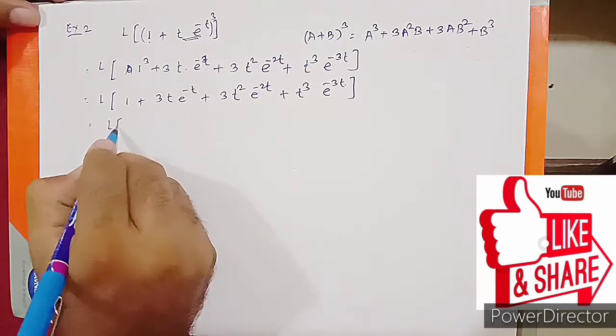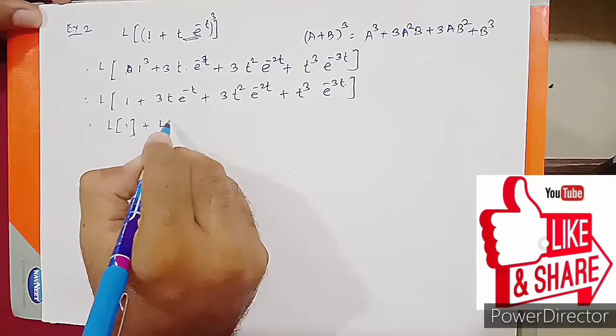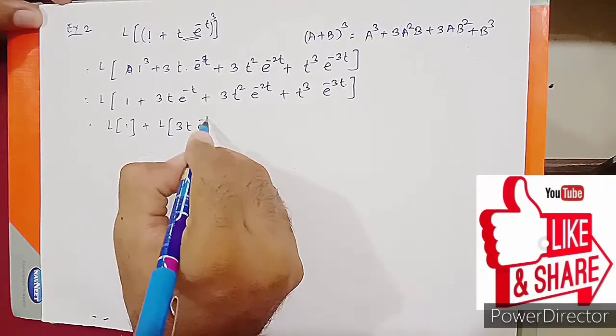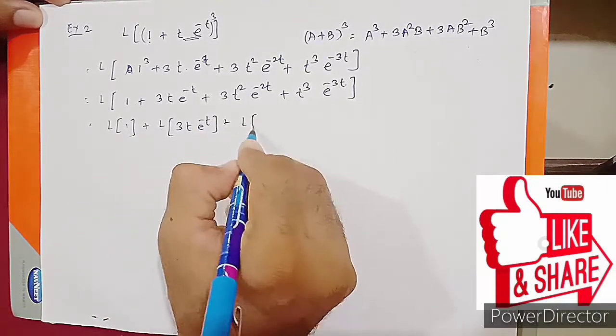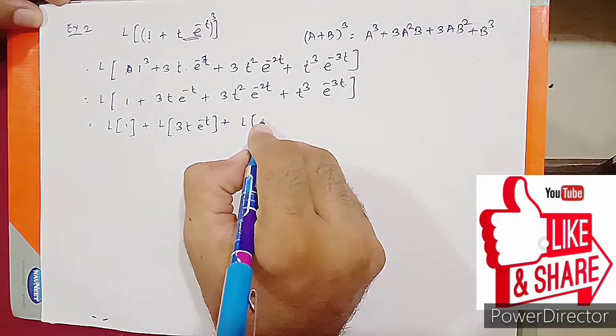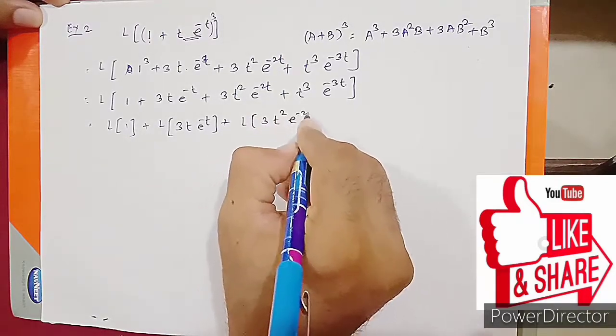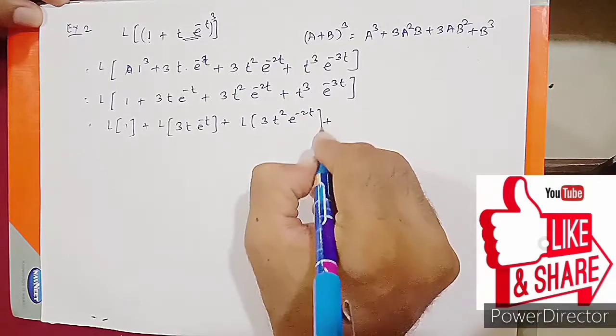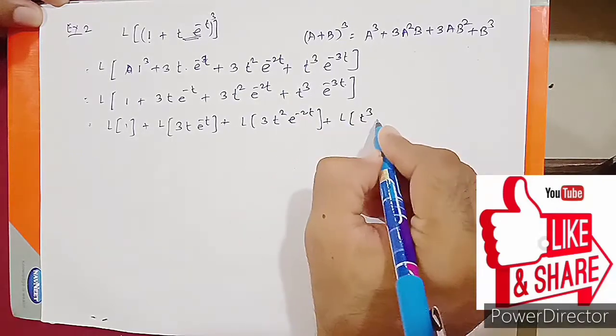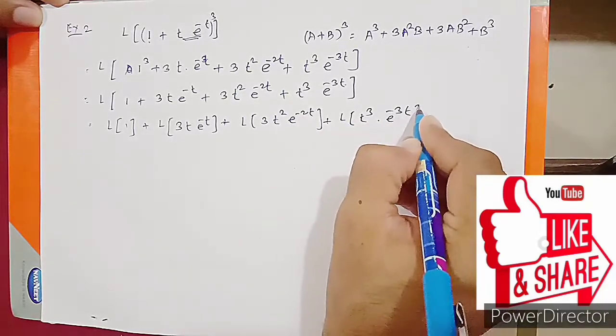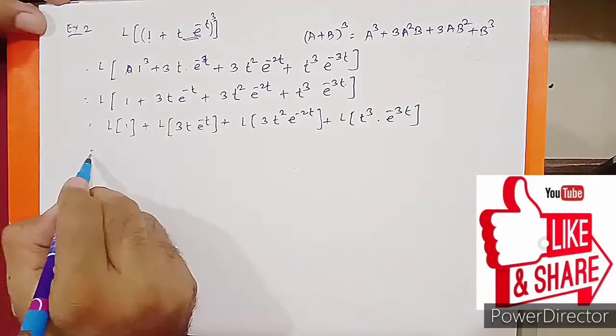So we take the separate Laplace of each term, t cube into e raised to minus 3t.